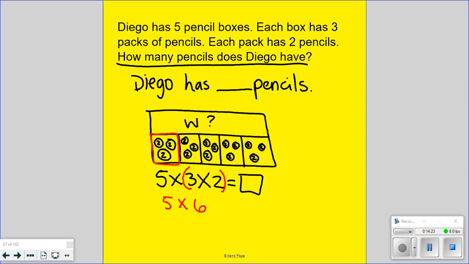Yeah. What if we did it Evelyn's way? 5 groups of 3, groups of 2. And did 5 groups of 3 first. What's 5 groups of 3 worth? 15 groups of 2. Let's see if those are worth the same.